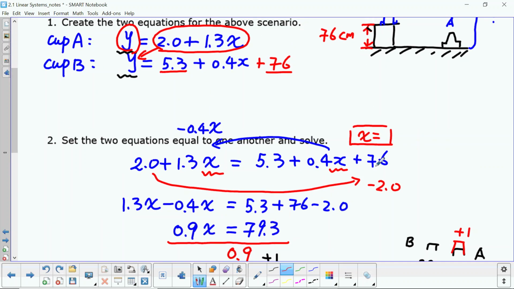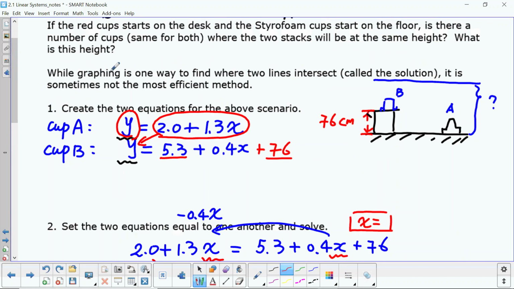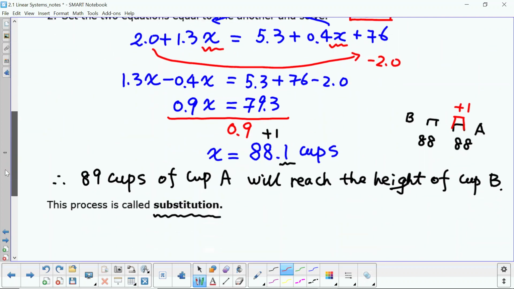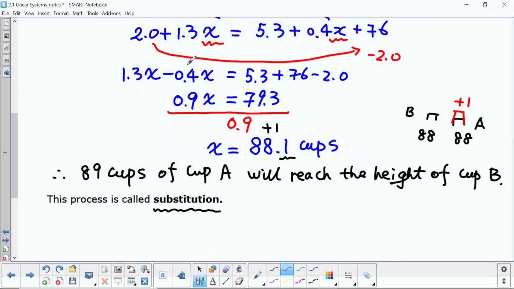You cover part 2 and just based on these two equations see if you are able to solve this. Also, one more thing we need to do is it asks you the height. What's the height? So we are going to substitute 89 into the equation to find the height. The height is the y value.